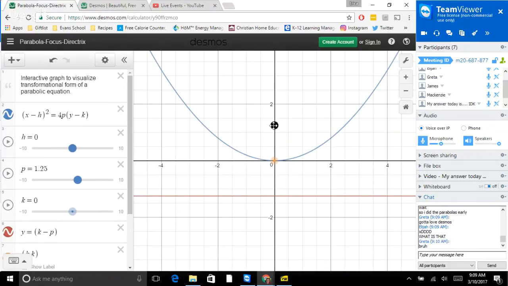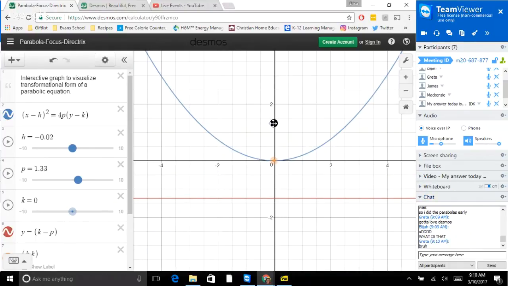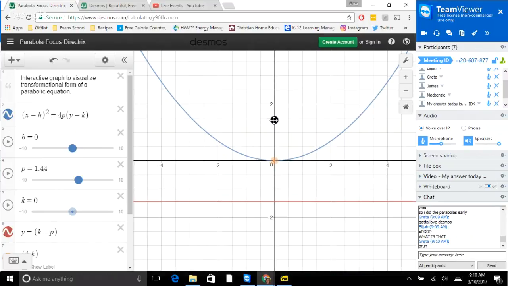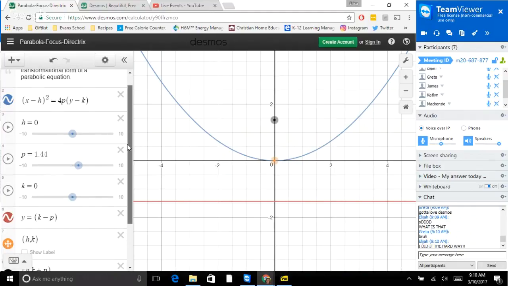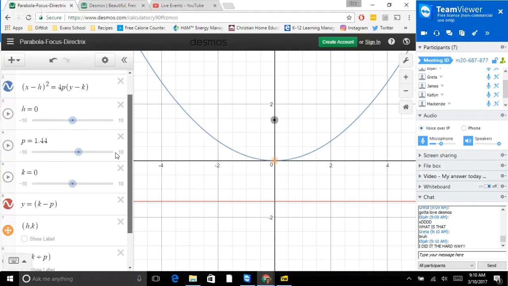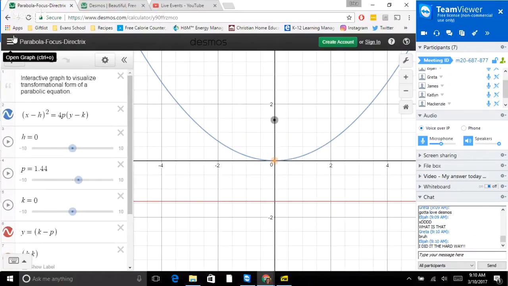If you type in Desmos parabola, Desmos has this cool little tool. I'm just showing you what the different things we're talking about are. So I'm showing you what the parabola is.